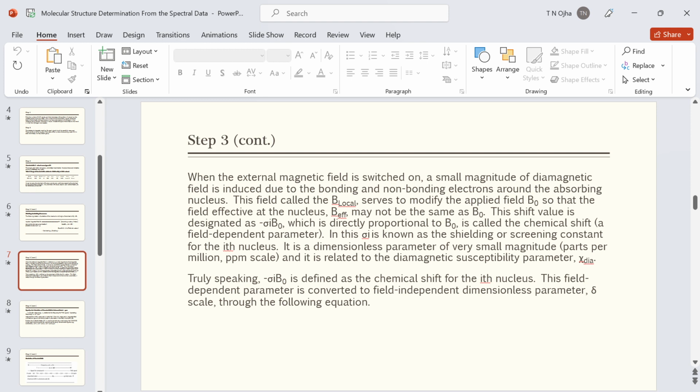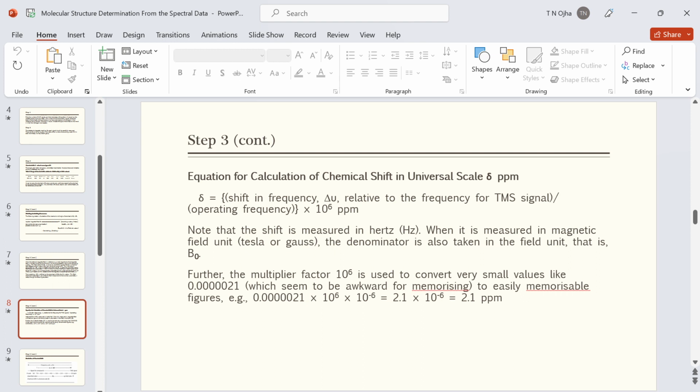This field-dependent parameter is converted to a field-independent dimensionless parameter, the delta scale, through the following equation. The equation for the calculation of chemical shift on the universal scale, that is delta ppm, is the shift in frequency, delta nu, relative to the frequency for TMS, divided by the operating frequency, the whole multiplied by 10 to the power 6. Why we use this multiplier is explained later.